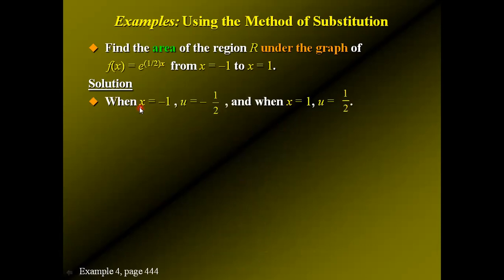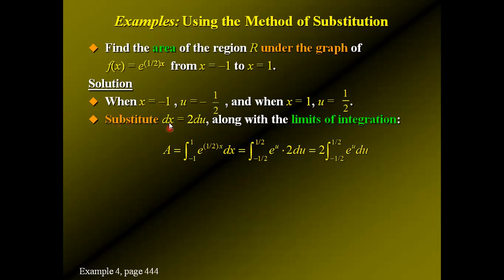After substitution, when x equals minus 1, u equals minus half, and when x equals 1, u equals half. Half x means u, so dx will be 2 du. Then everything transforms to u. Remember it. The limit values also transform: when x equals 1, u equals half, and when x equals minus 1, u equals minus half.